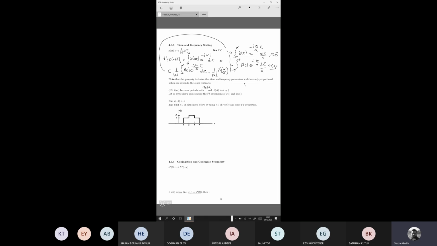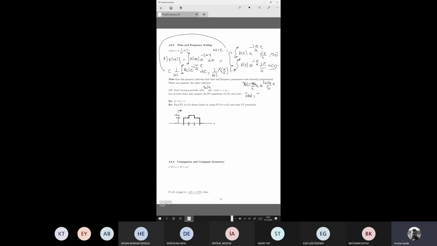Let's write here. x tilde of t is periodic with t0, so it is summation over k of ak e to the power j k 2 pi over t0 t. So this is the Fourier series expansion for x tilde t. What about x tilde of at? Let's write it here.